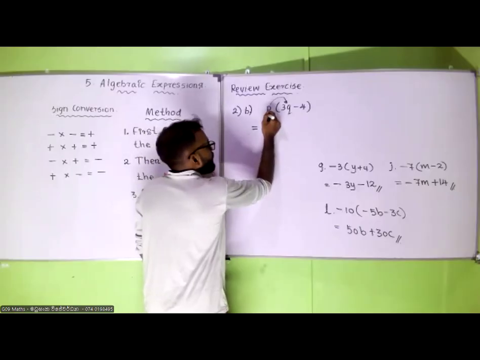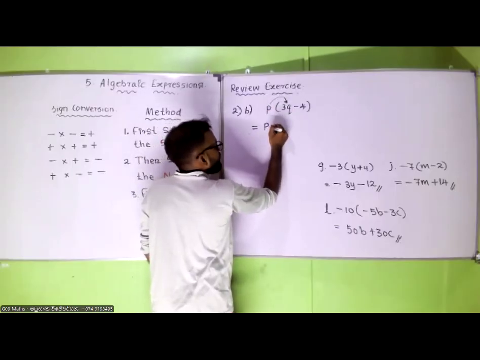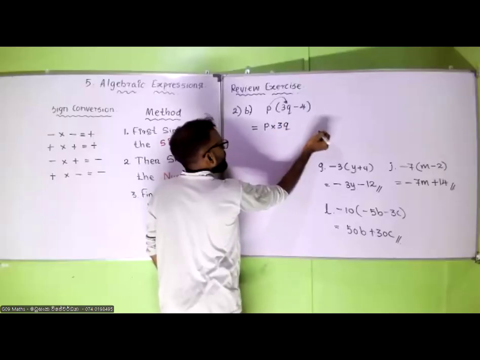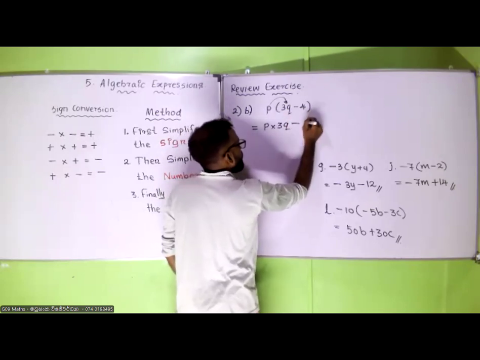Positive into positive, positive. P times 3Q. P multiplied by 3Q. Then P times 4, sorry. Positive into negative, negative. P times 4, 4P.